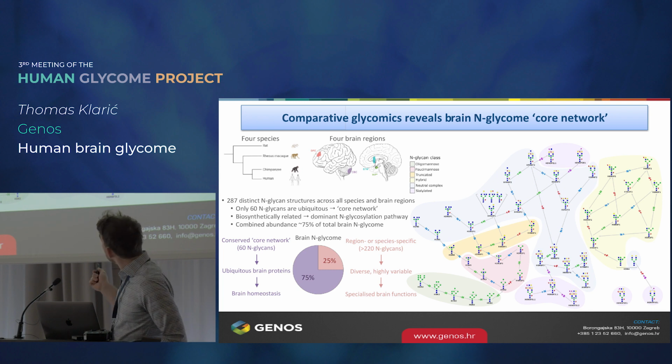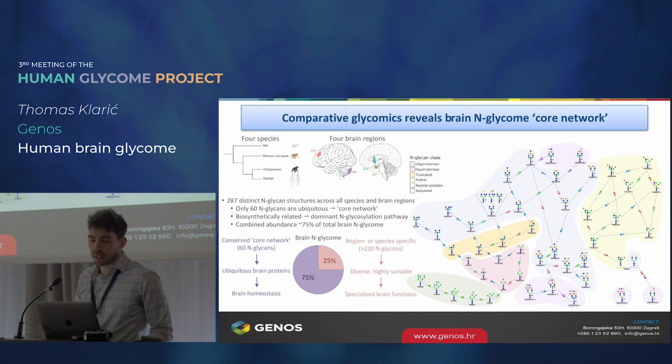And so we think this is the dominant N-glycosylation pathway in the brain, and that's confirmed as well by their abundance, which takes up 75% of the total brain N-glycome. So they're extremely overrepresented. So these 60 glycans take up 75% of the abundance of the whole brain N-glycome.